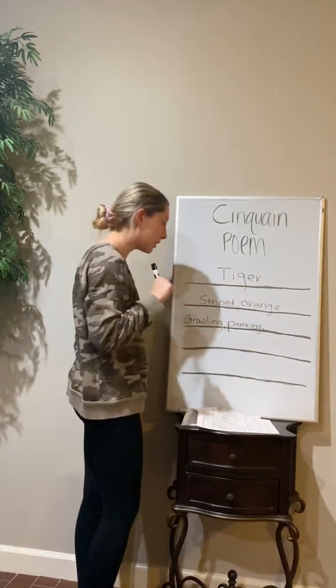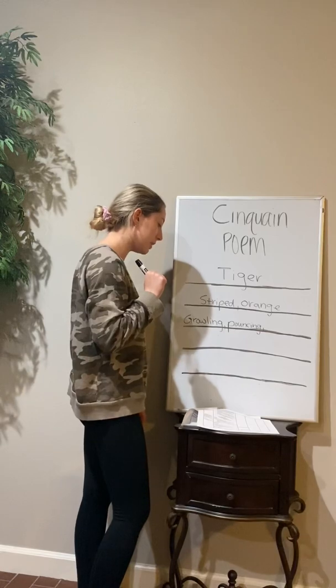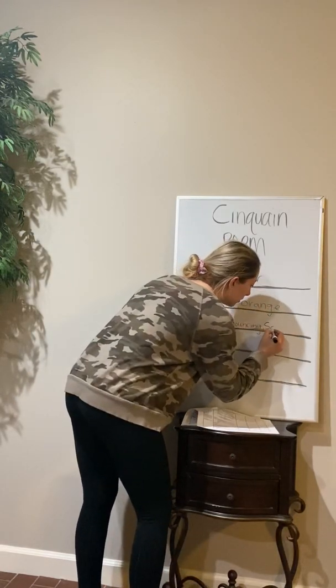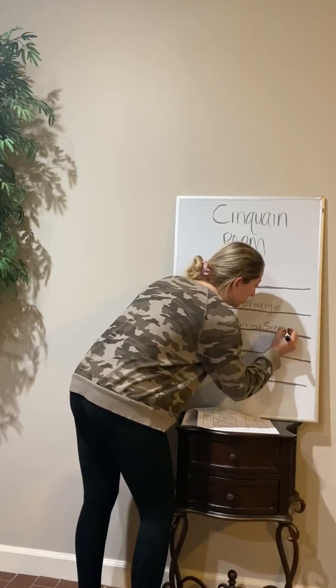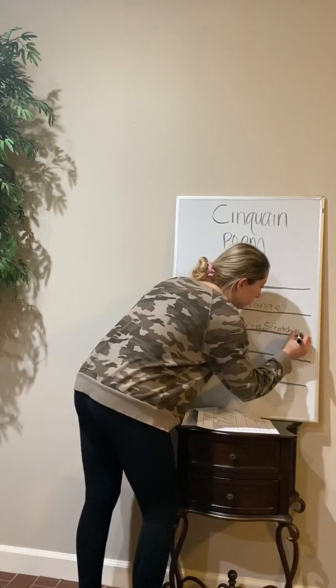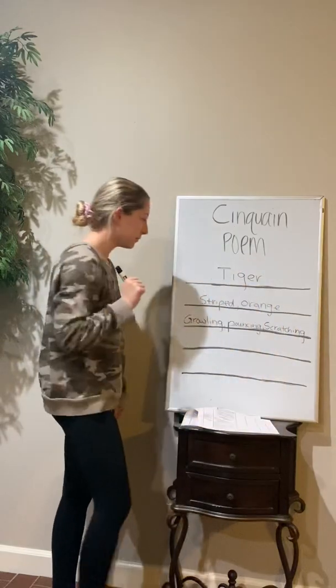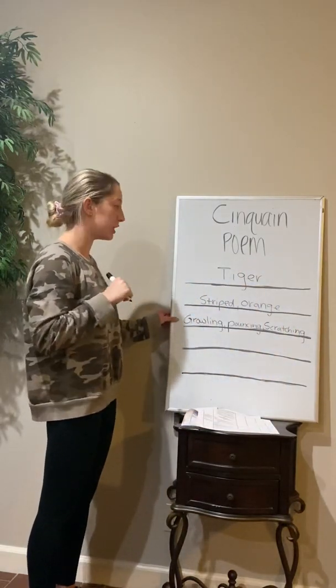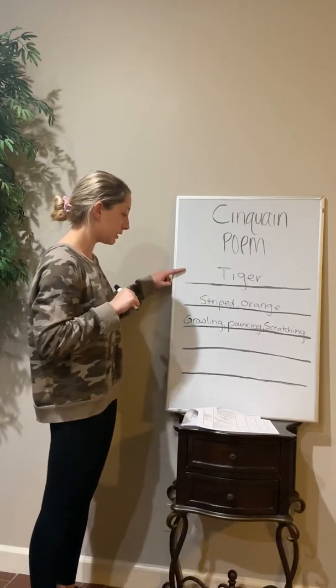And our third one, another one that comes to mind would be scratching. Okay, so that was our third line, and that would be our action line. So the three things that this animal does.